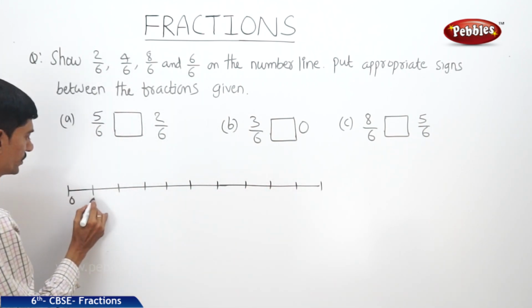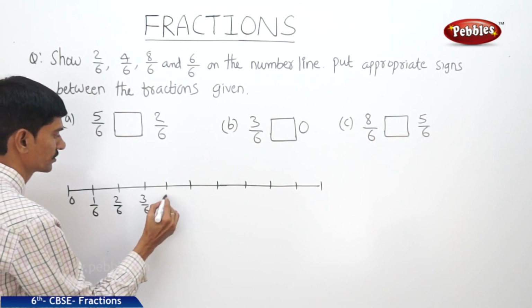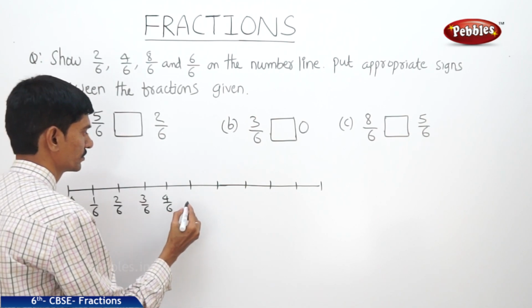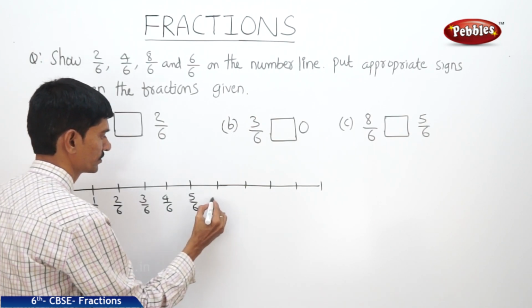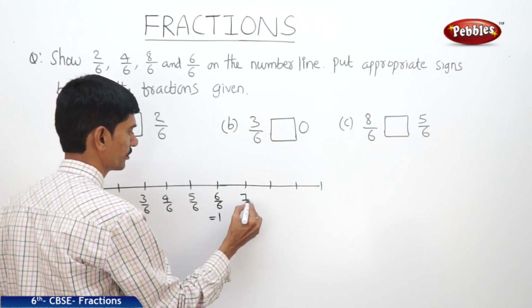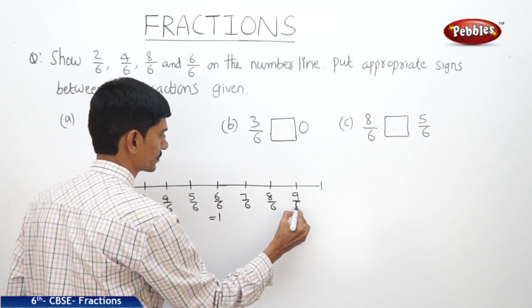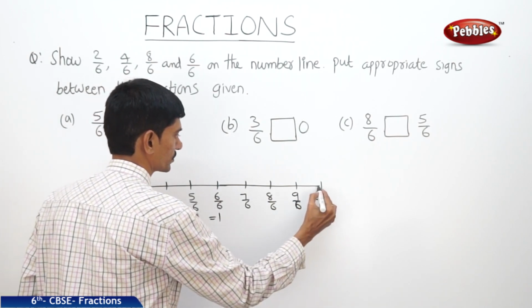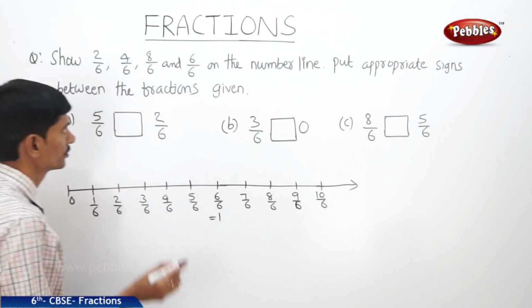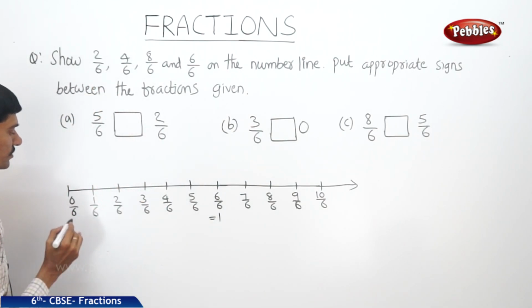So this is 1 by 6, 2 by 6, 3 by 6, 4 by 6, 5 by 6, 6 by 6, which is equal to 1, and 7 by 6, 8 by 6, 9 by 6, 10 by 6, and so on. First let us represent 0. 0 means it is 0 by 6.